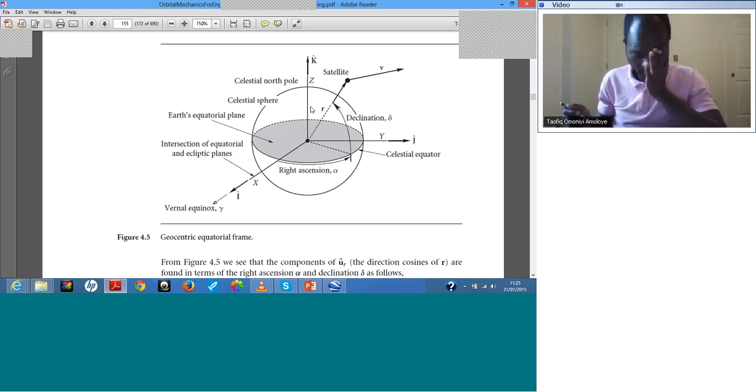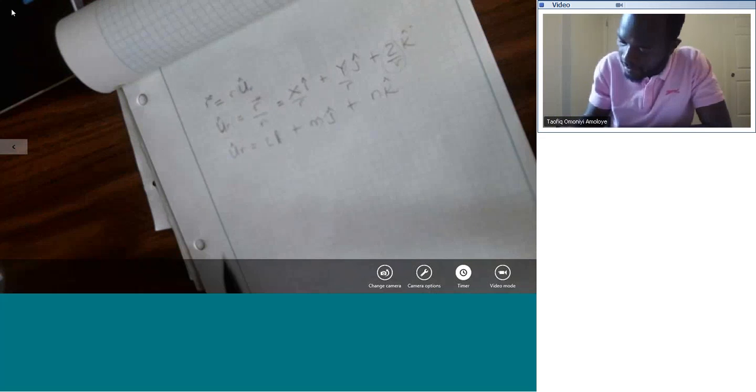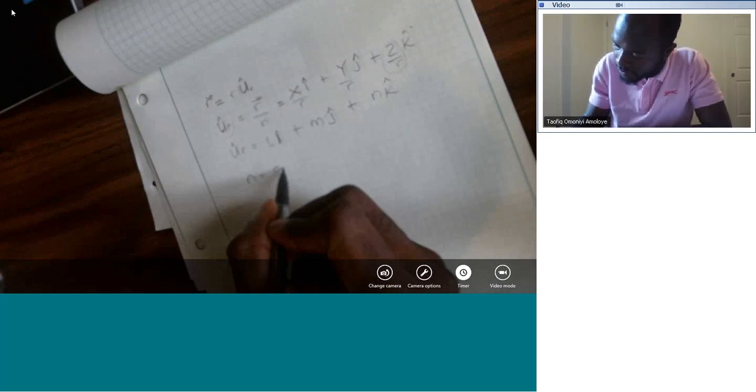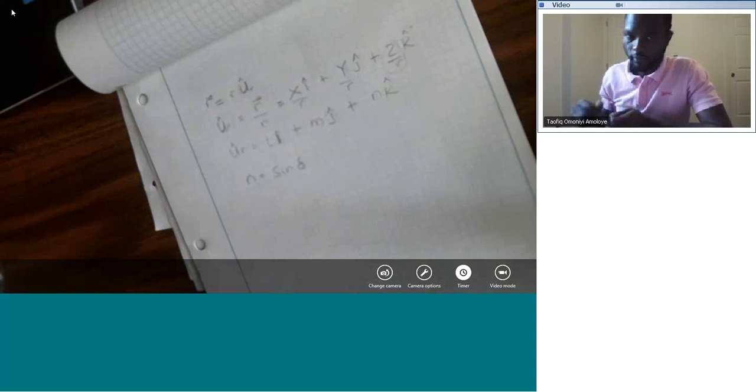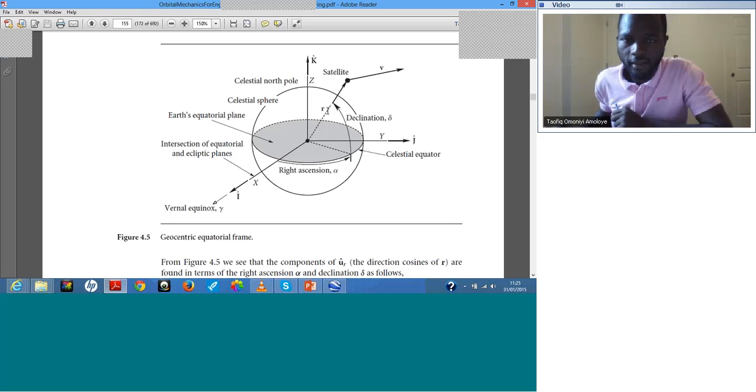So what we are saying is N equals sine delta, and then the component of UR in the equatorial plane is just cos delta.